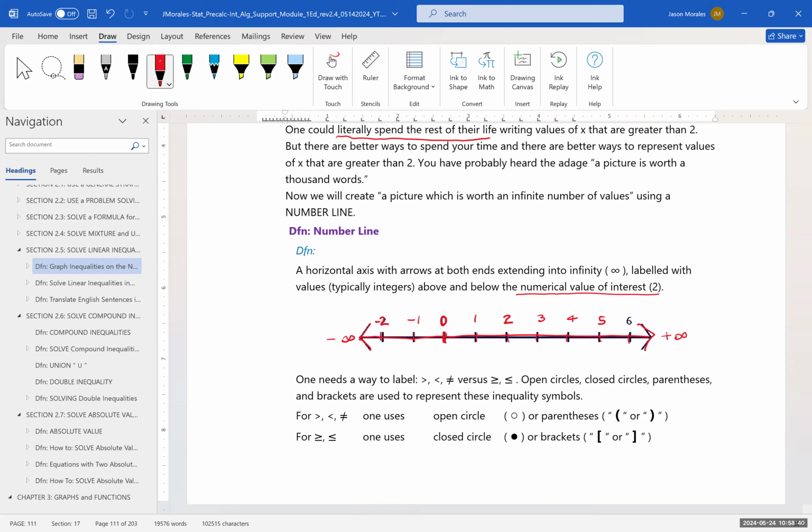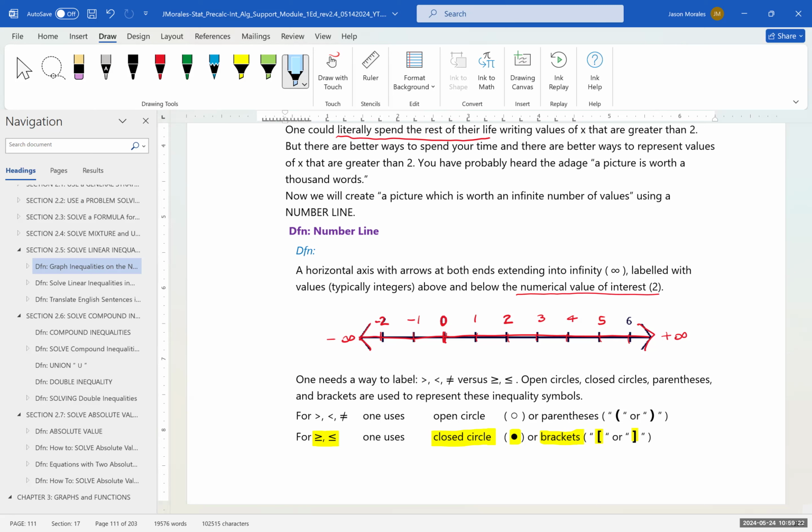All right, so one needs a way to label greater than, less than, not equal to, versus greater than or equal to, or less than or equal to. So we're going to use open circles, closed circles, parentheses, and brackets to represent these inequality symbols. For any inequality that includes equality, we're going to use either a closed circle or brackets.